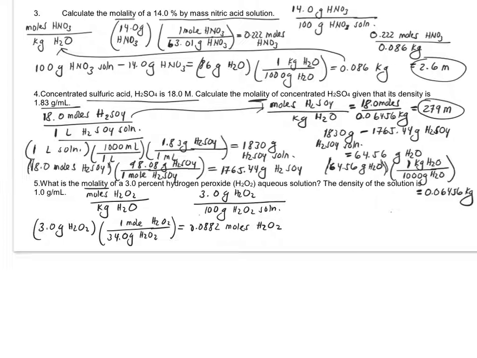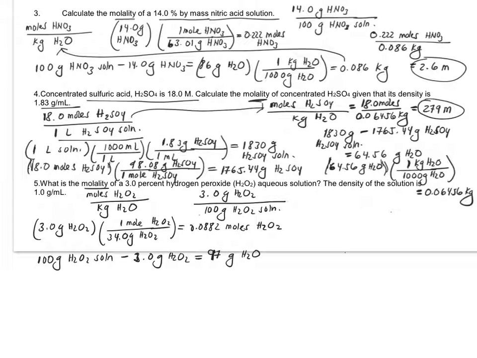Now what we need to do is get the amount of solvent water. We have 100 grams of hydrogen peroxide solution. If we subtract the grams of hydrogen peroxide, which is 3, given in the problem, we'll end up with the amount of water, which ends up being 97.